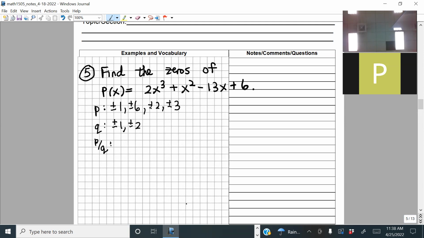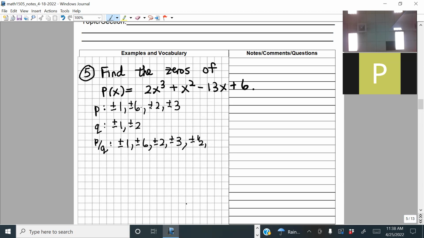So what do we have? Well, look, you can take all of these and divide by 1. So you're going to get all of those repeated. So you get plus or minus 1, plus or minus 6, plus or minus 2, plus or minus 3, all repeated. And then what else? I guess all of these divided by 2, right? So I would have 1 over 2. That's 1/2, correct?